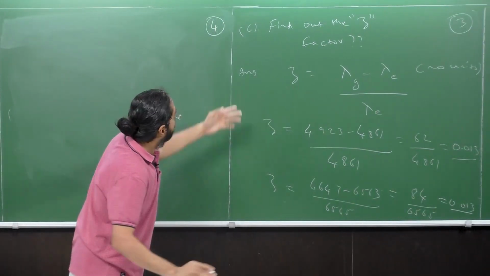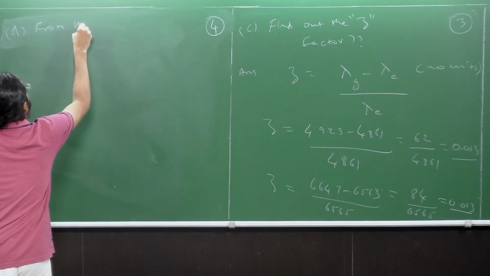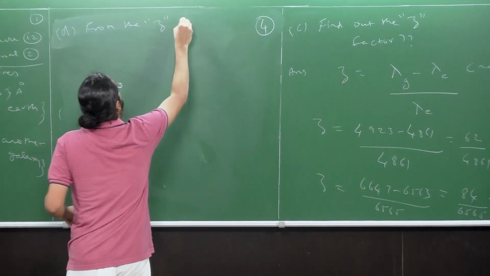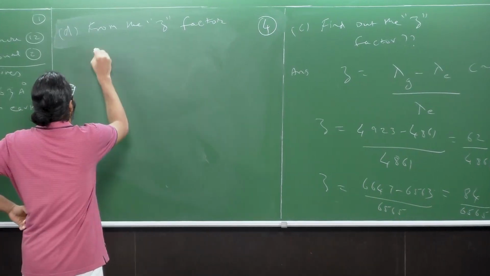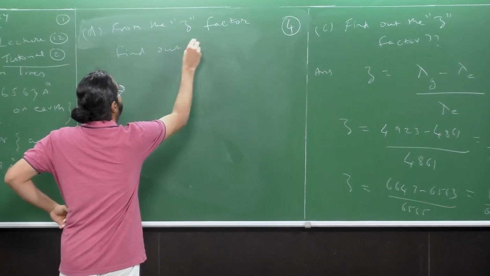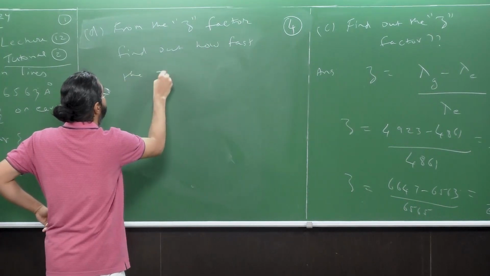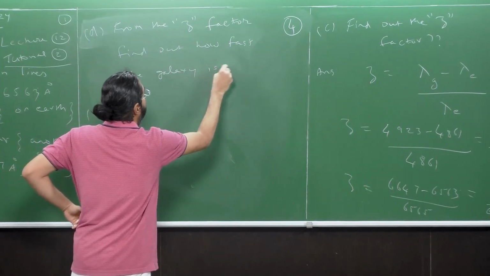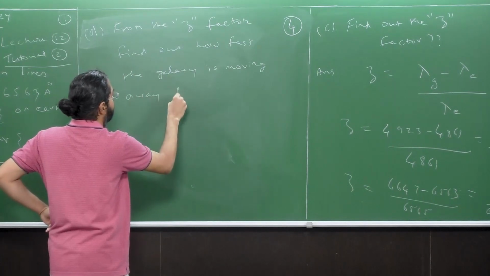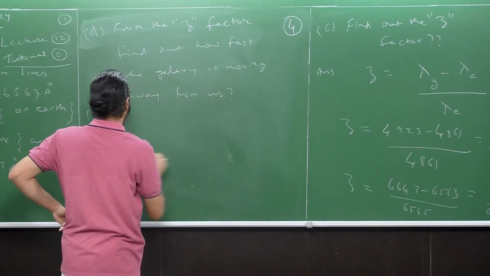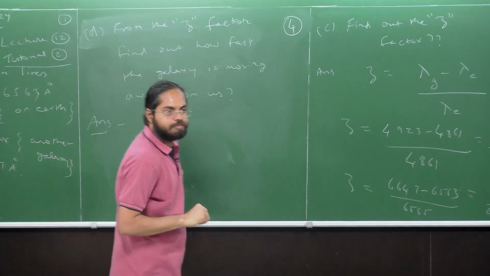Now, from the Z factor, find out how fast the galaxy is moving away from us. So what is the answer?